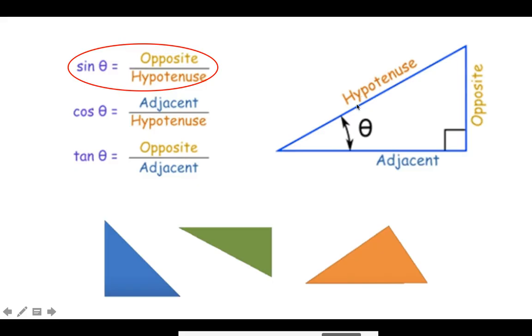Now the hypotenuse is the longest side of a triangle. So on these triangles here down below, this is the hypotenuse, this one's the hypotenuse, and this one right here as well. The opposite is just the side that is opposite from the angle that we are trying to find. So in this case, it'd be here.